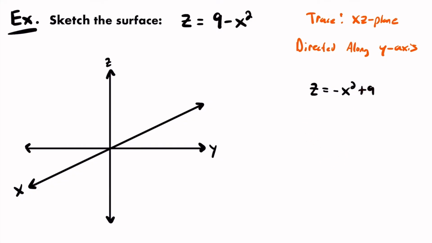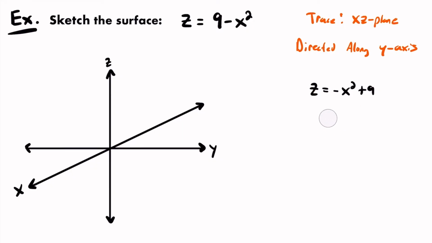And then this plus 9 just tells us to shift it up 9 units along the axis that we are going to be drawing it along. In this case, that would be the z-axis, right? In a 2D coordinate system, when we would have y equals negative x squared plus 9, this would tell us that we have a parabola opening in the negative direction on the y-axis, shifted up 9 units on the y-axis.